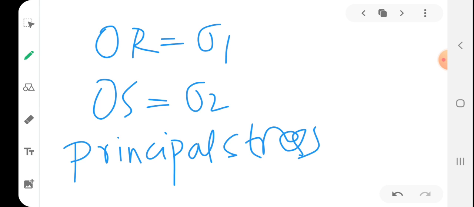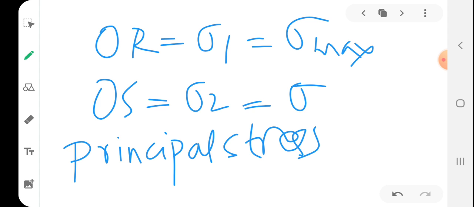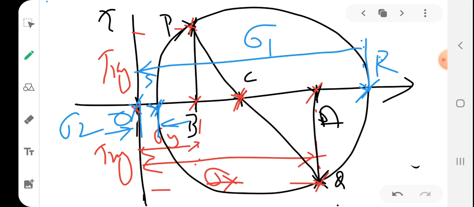So this sigma 1 is the maximum possible normal stress, and sigma 2 is the minimum possible normal stress. Now if you calculate this angle, suppose you take this angle as 2 theta.